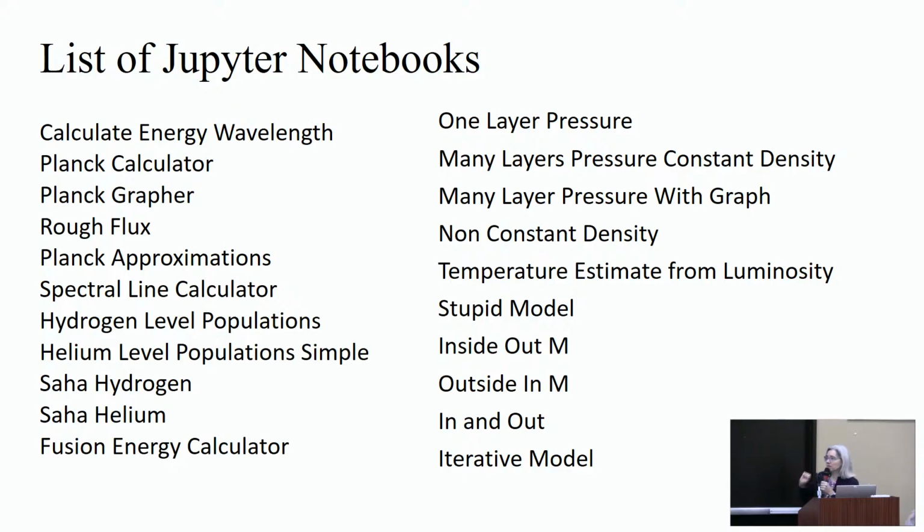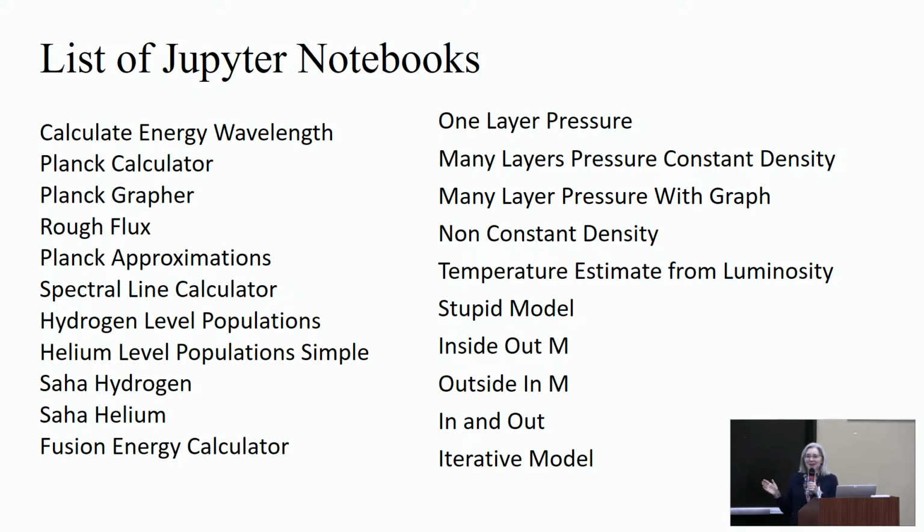Everything on the right is building up to the stellar model code, the final one of which is that iterative model at the bottom. So the things on the top half of the right-hand side there are just building up some of the different ideas like hydrostatic equilibrium and energy transport and letting them work with those a little bit until we finally get to those stellar models.